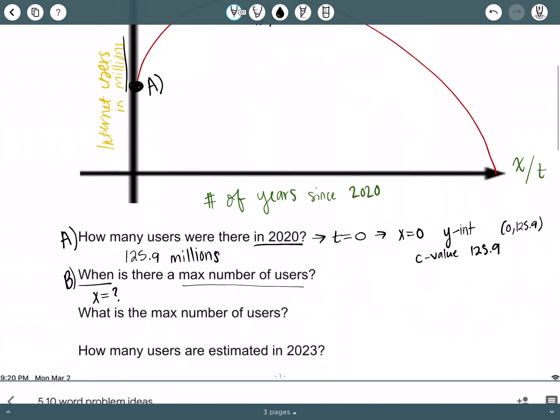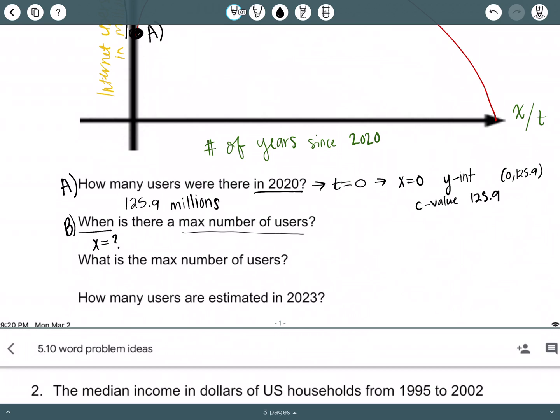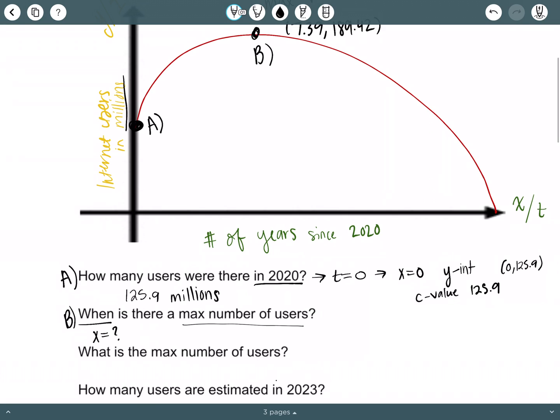Alright, so when is there a max number of users? What is the x value? Well, at that point, 7.39 comma 189.42, x equals 7.39, which means 7 years since 2020. So we're looking at the year 2027.